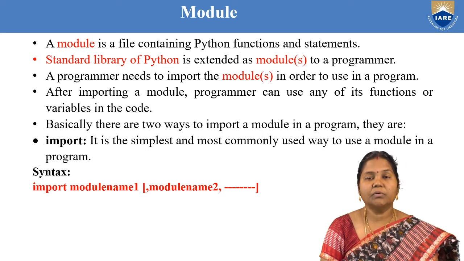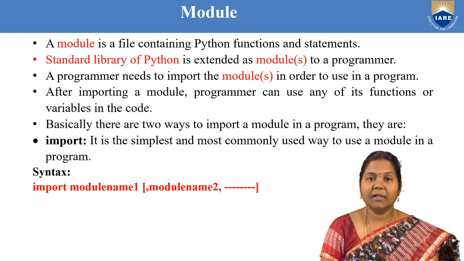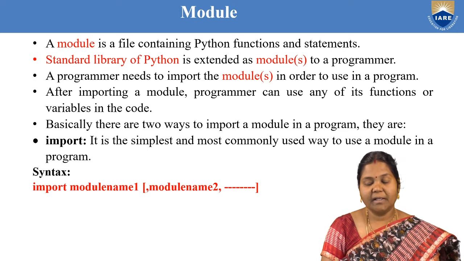Whenever you want to use a particular function, we can simply import that particular module and all the functions in that module will be active. So, we can use any function in that module. After importing a module, a programmer can use any of its functions or variables. Basically, there are two ways to import a module in a program.